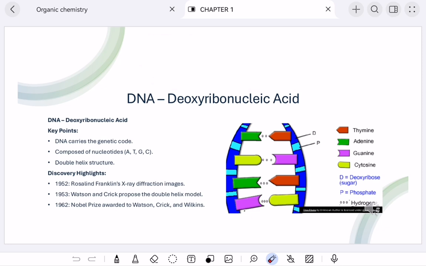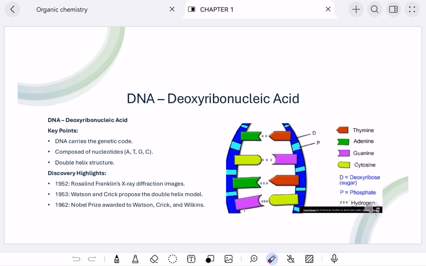It doesn't have to be the left hand side, right? Adenine could be on that side and thymine on that side. If we're having guanine on this side, then on the other side we'll be having cytosine. It's always like that, and it's always corresponding like that, right?